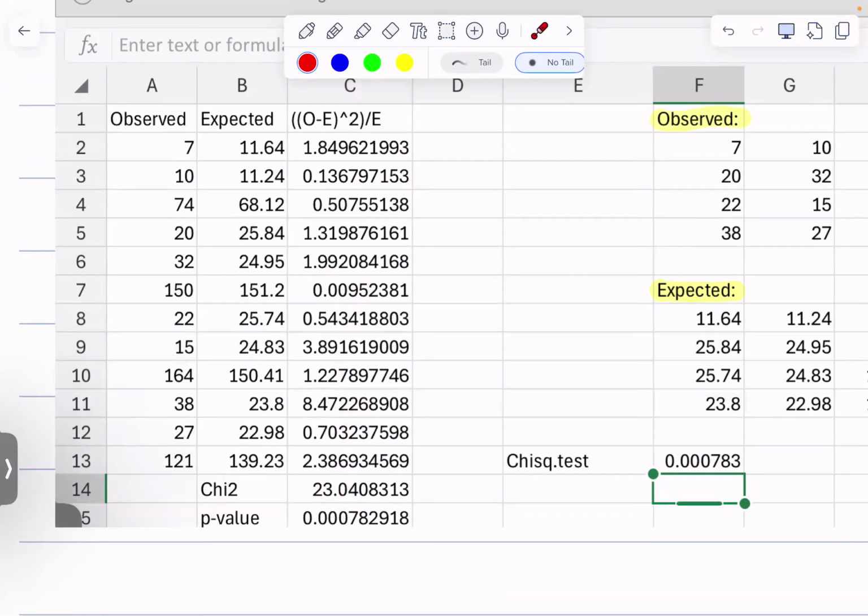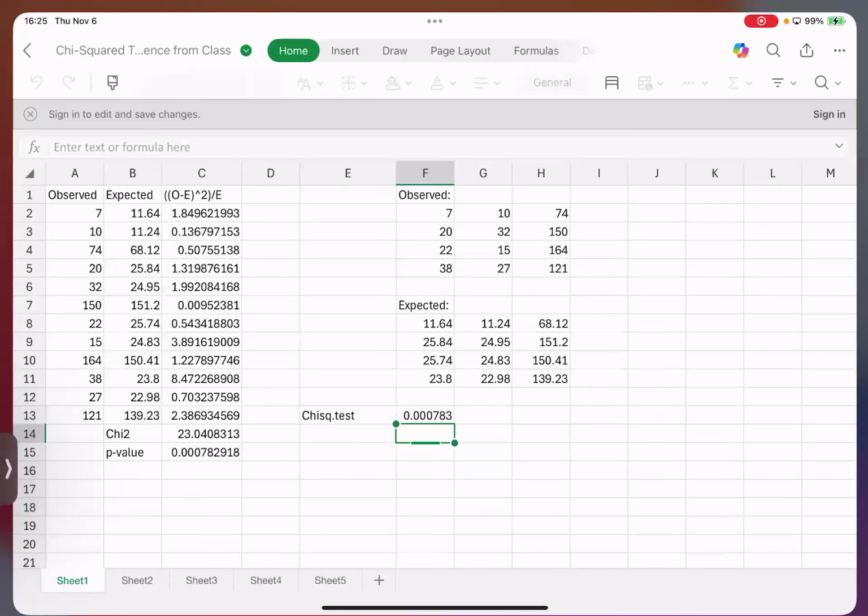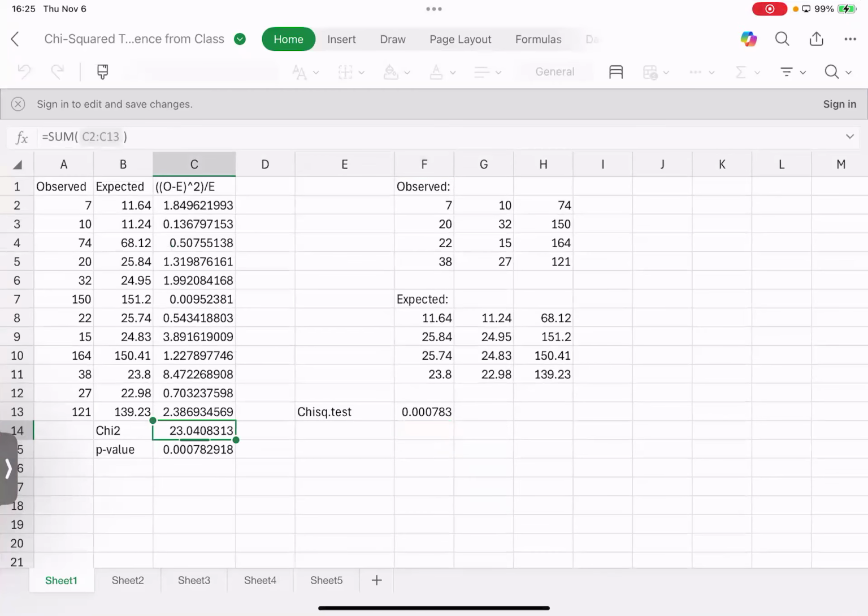Then for the p-value, I use the chi-squared dot dist, I think. Let me go in there to see. This is where I needed it. So the chi-squared, and this is why I gave you the Excel sheet, right? So that you can poke around in there and see how I did it. Notice that the expected counts are just hard-coded.